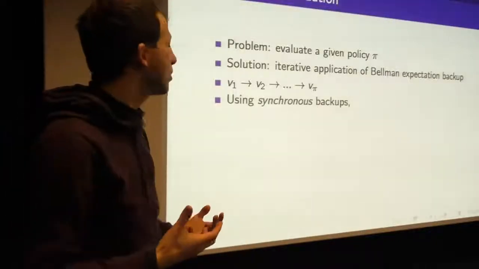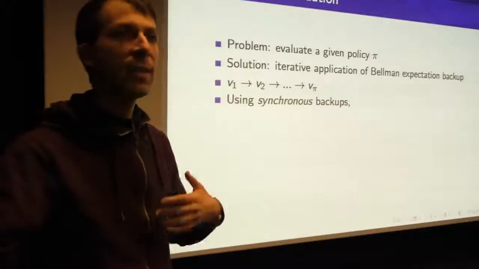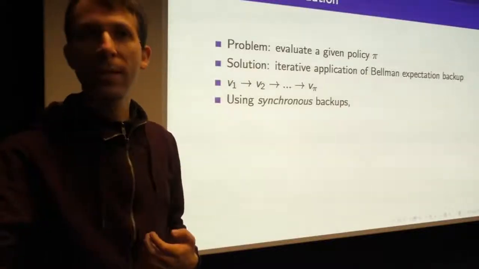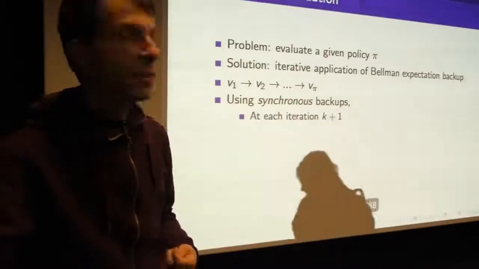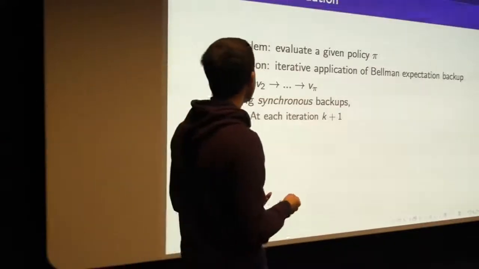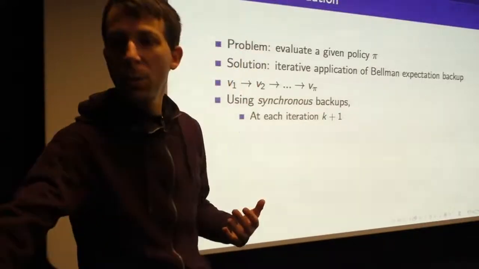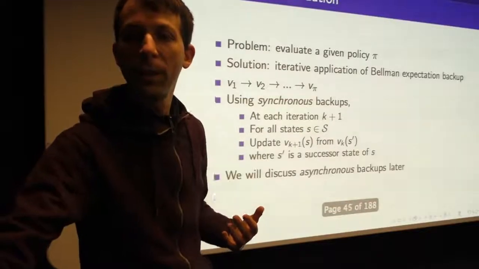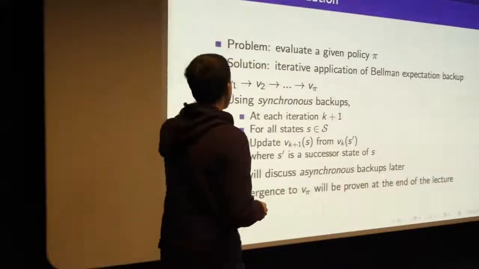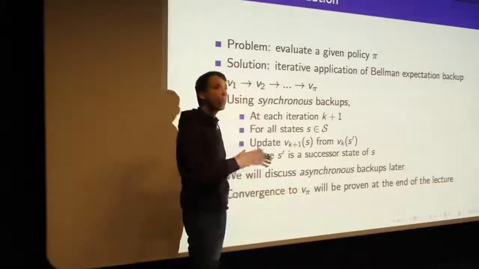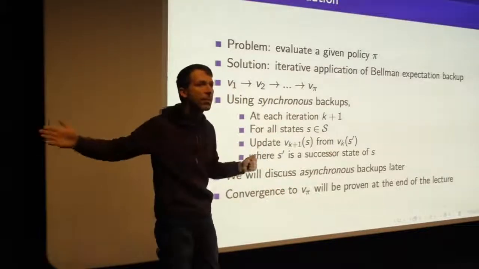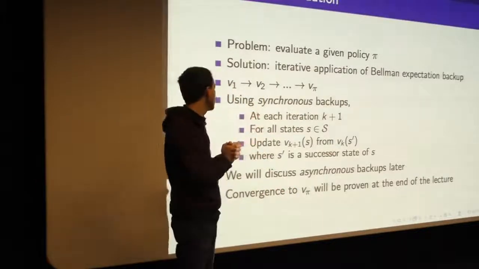The way we're going to do this is using what we call synchronous backups. We'll see the alternative later on when we get to later slides. So what do we mean by synchronous backups? What we mean is that for every iteration, we're going to consider all states in our MDP. So we're going to sweep over all states in one iteration.